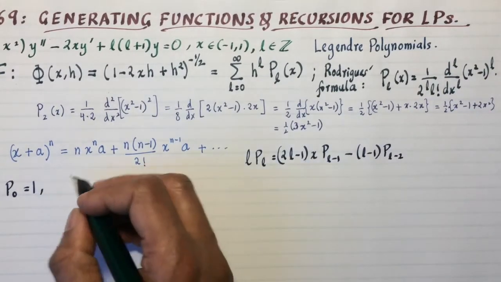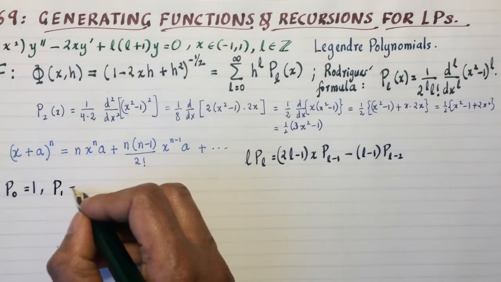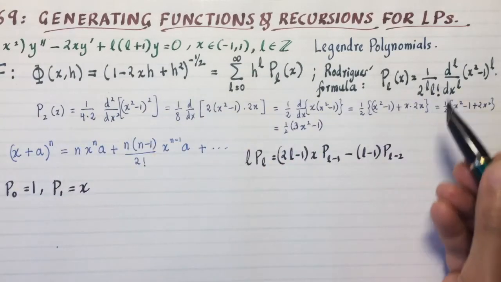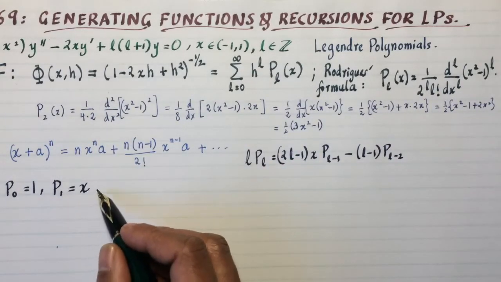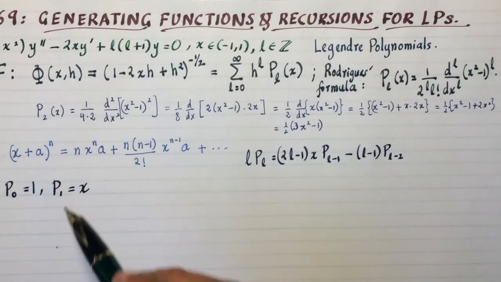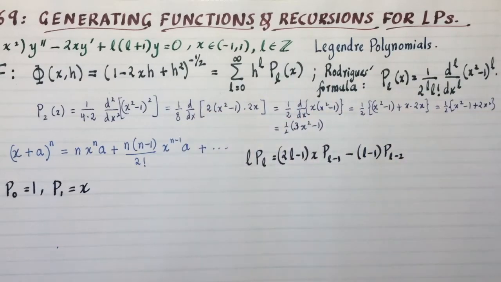And then P1 equals x can be also found by directly doing it. I did it for P2, so P1 is actually easier to do than P2 is. So I'll leave it as an exercise for those who are curious to find out how much work is involved. And I can tell you it's about half as much work as the P2, obviously, because it's half the degree.